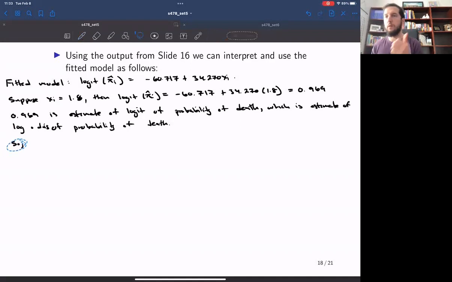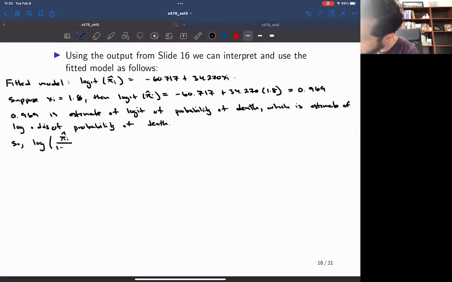Okay, so the most natural thing to do to unpack this first value is to take the exponent of that value. So we have log odds. So the log of pi i hat over 1 minus pi i hat is equal to 0.969. Okay, so therefore, pi i hat over 1 minus pi i hat is equal to exp of 0.969.